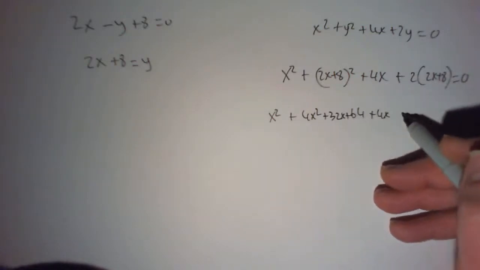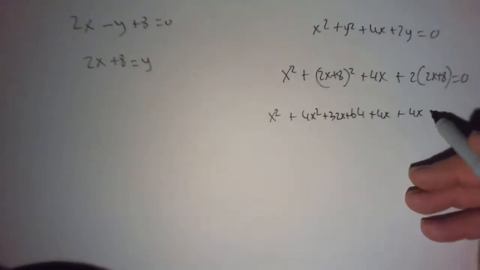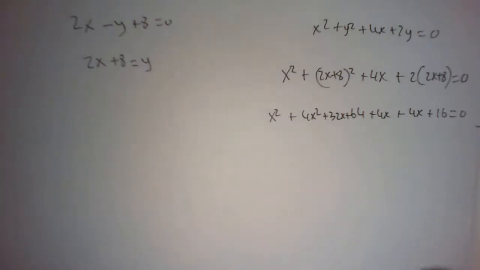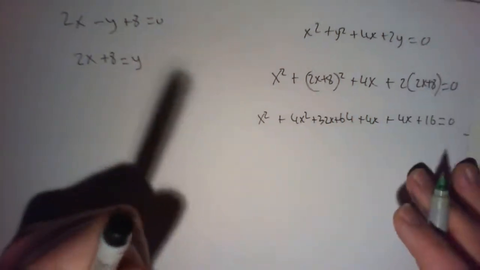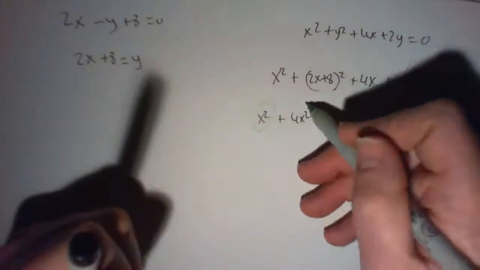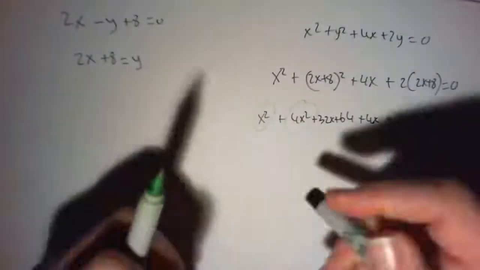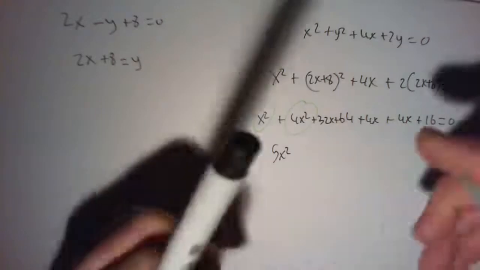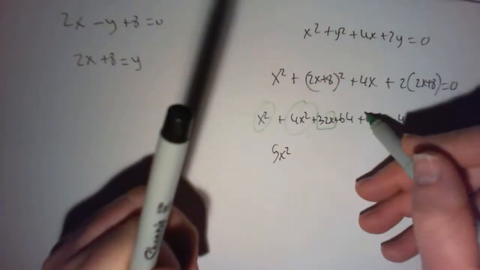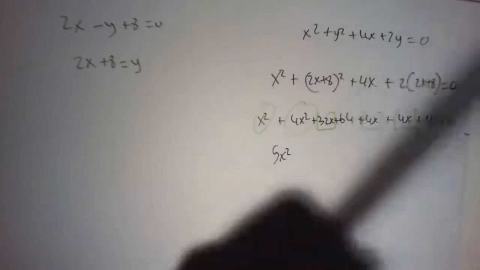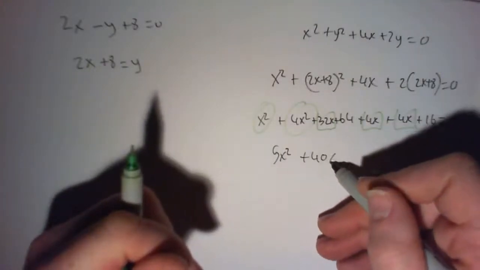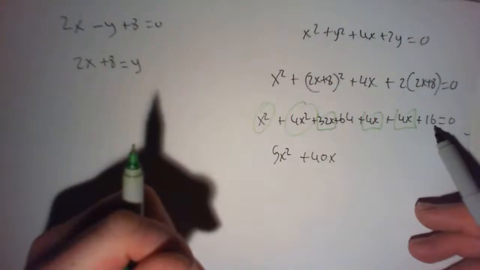Plus 4x plus 4x plus 16 equals 0. Right, let's do our tidy up. Add that and that, I get 5x squared. 32x, 4x, and another 4x is 40x. And then 64 and 16 is 80.